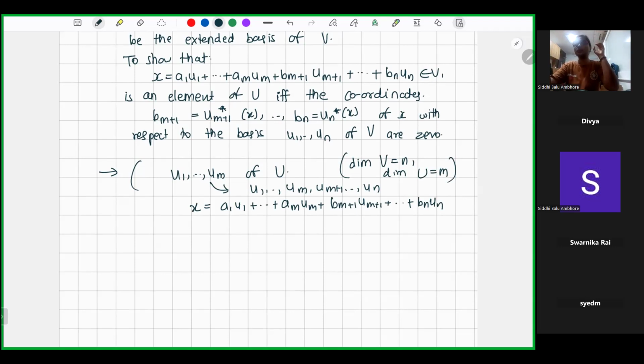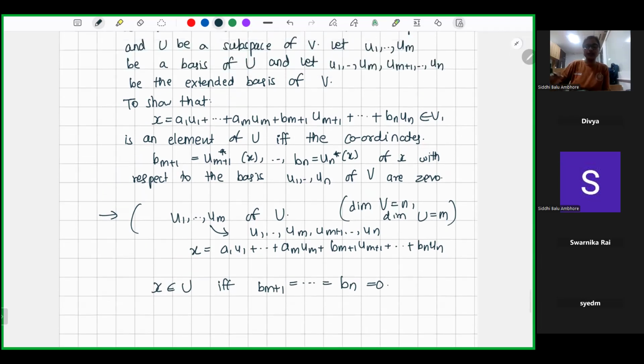We can choose the elements which are linearly independent from the original basis of the subspace we started from. So what we had was m elements, and now we extended it to n elements, and then they are saying that this x belongs to U if and only if this b(m+1) to bn are 0. This is what we have to show.